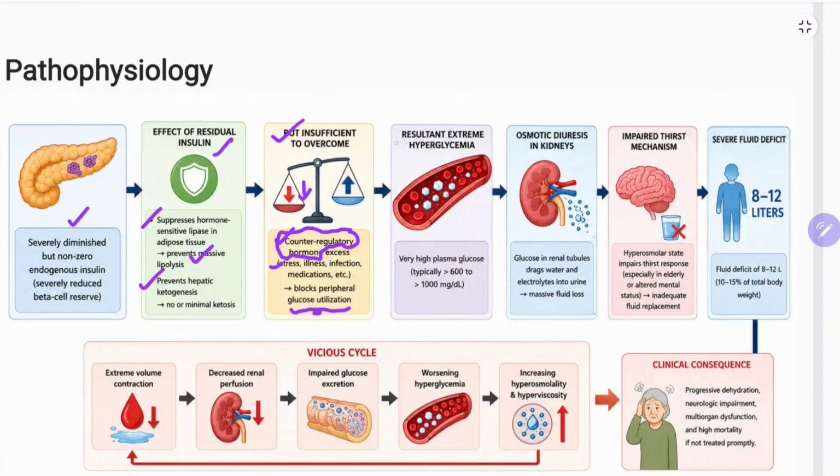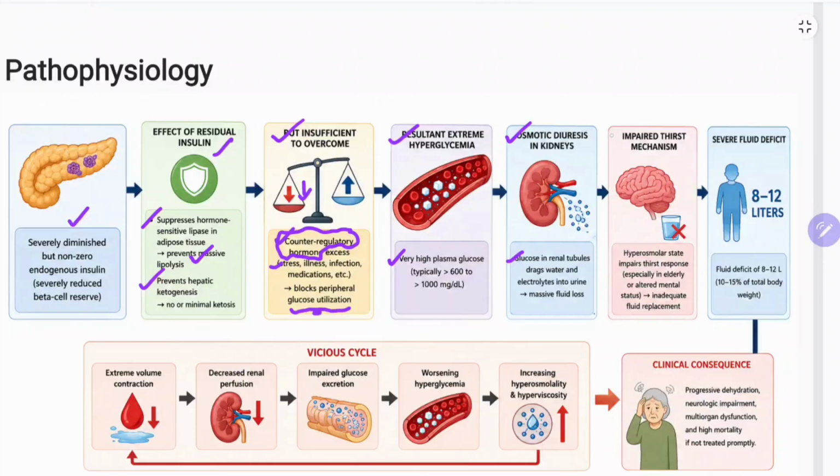Okay, that will result in extreme hyperglycemia, very high plasma glucose, typically more than 600 to 1000 milligram per deciliter. Very high. That will cause osmotic diuresis in kidneys. So glucose in renal tubules drags water and electrolytes into urine, causing massive fluid loss.